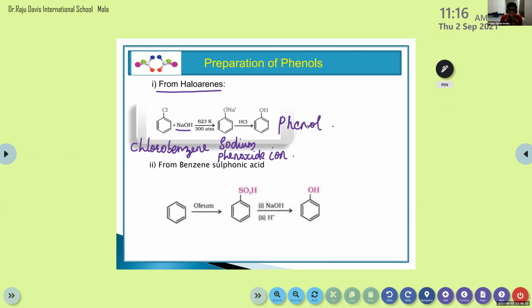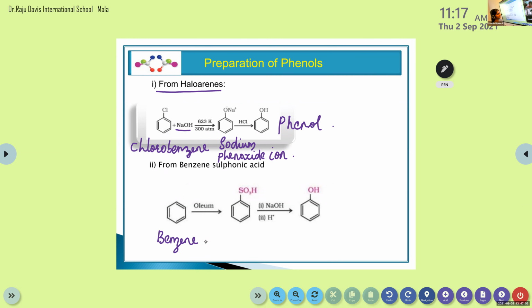Yes, ma'am. Then the second one, it's from benzene sulfonic acid. So from benzene sulfonic acid, first we have to prepare benzene sulfonic acid. Then it will be converted to phenol. So the first step, this one is benzene, a 6-membered ring with alternate double bonds, right? Benzene is treated with oleum. Do you know the chemical formula of oleum?